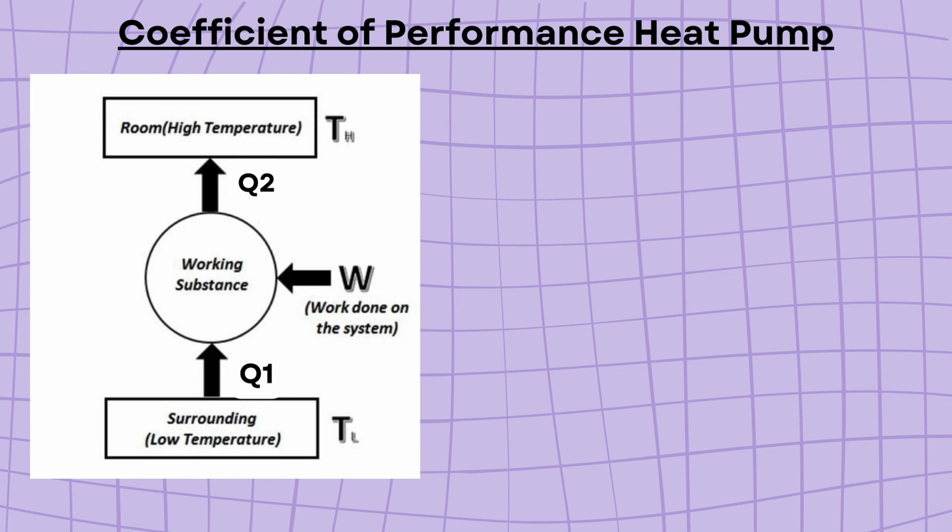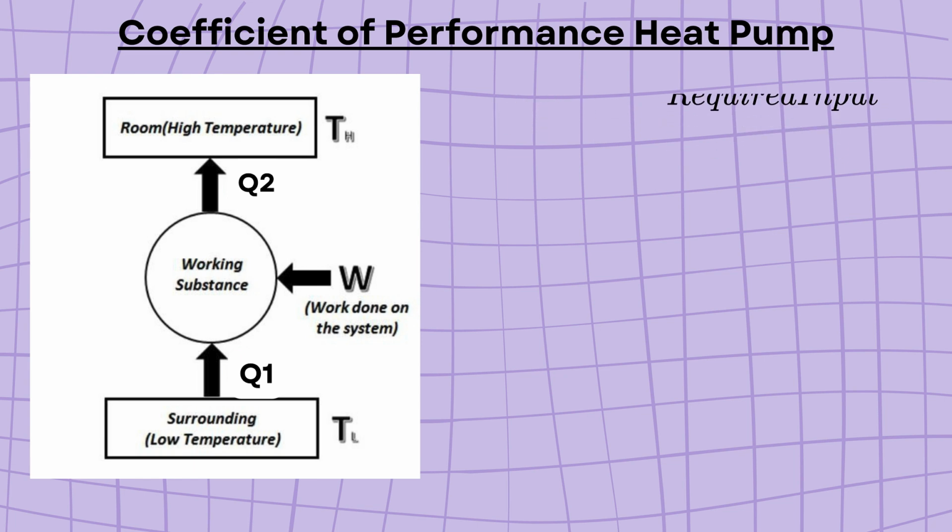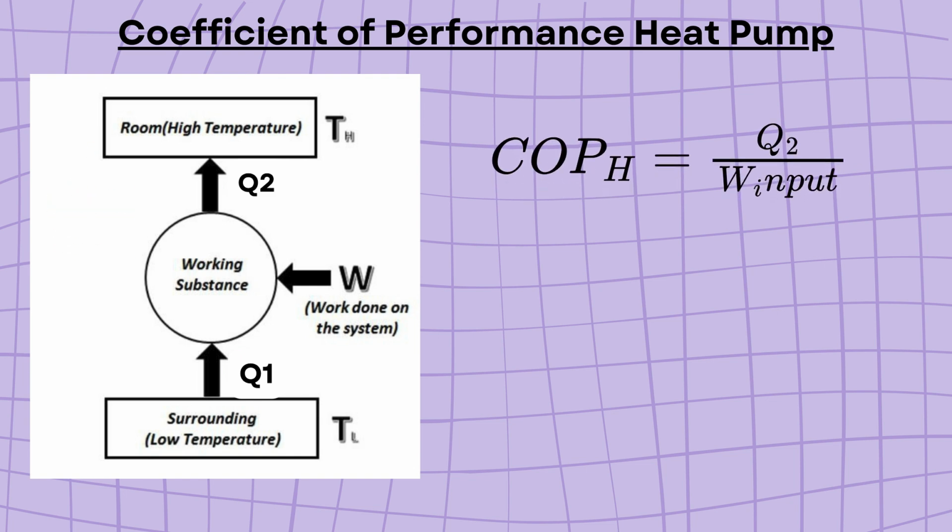According to my research, the coefficient of performance is described as desired output over required input. So, for this situation, our desired output is Q2. So we can put it in the formula, which is COP_H equal to Q2 over W input.